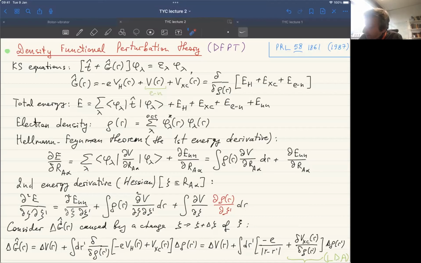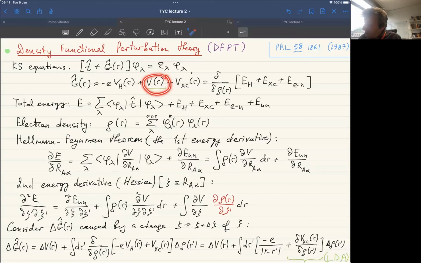But we start from these Kohn-Sham equations, in which T is the kinetic energy operator, and G is the Kohn-Sham operator, which has the following form here. So it has the potential due to other electrons, the Hartree potential.